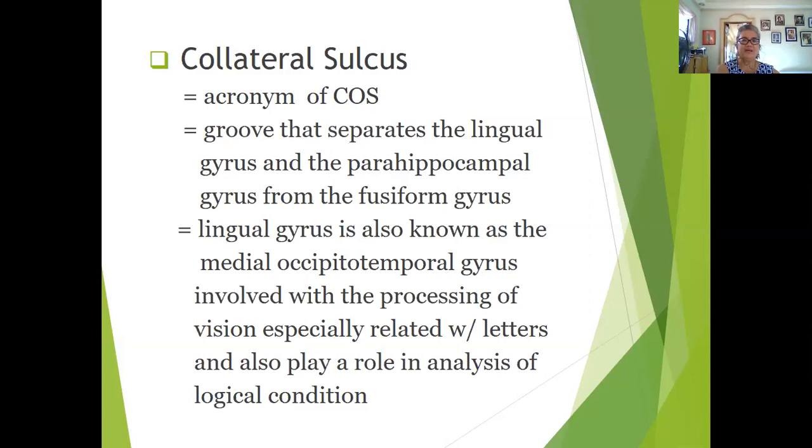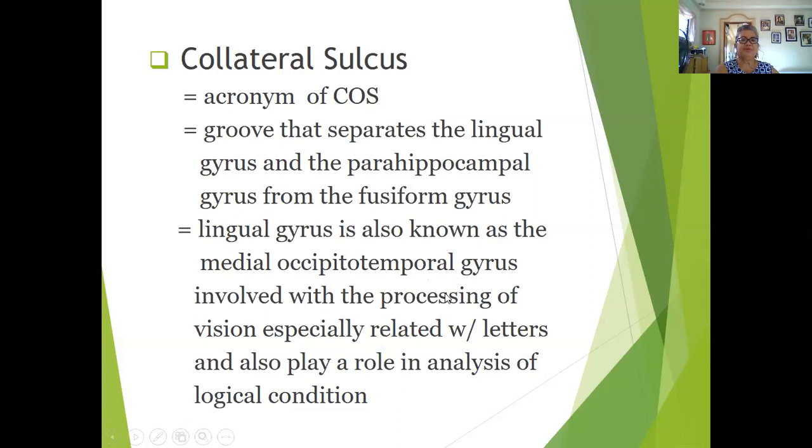Then you have the lingual gyrus, which is separated from your fusiform gyrus, which is known as the medial occipito-temporal gyrus.